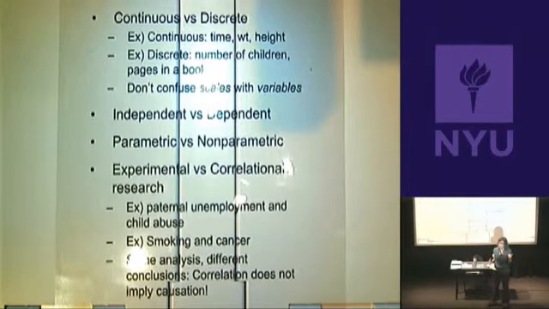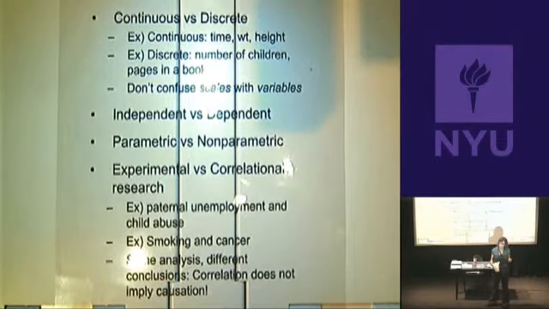Whereas if I'm doing a difference between boys and girls, that's not within my control. So in correlational research, we can talk about finding relationships, but you cannot determine causality. Correlation does not imply causation. The analysis can be exactly the same, but the interpretation of your results is different.